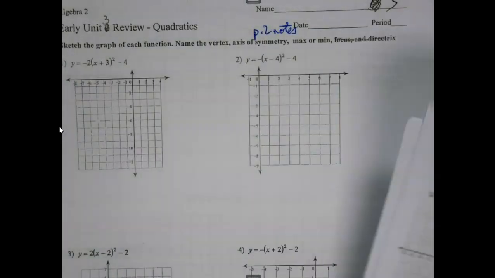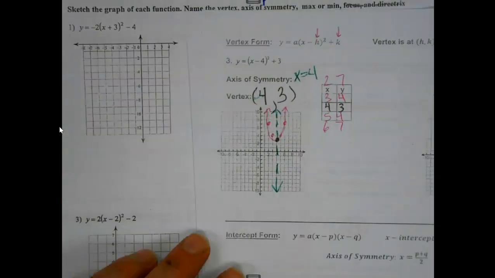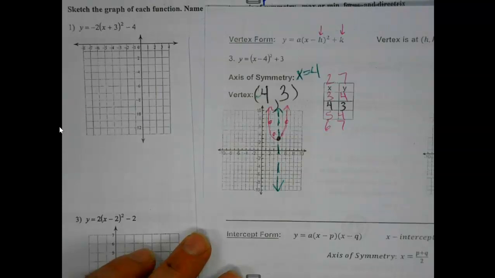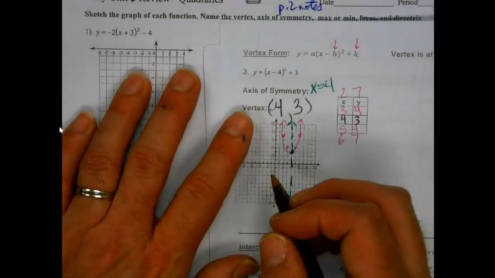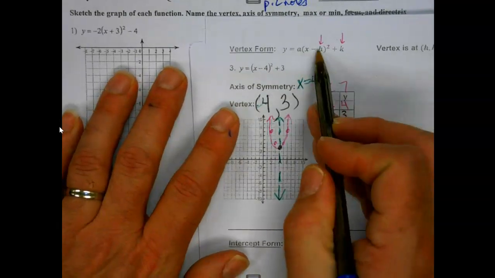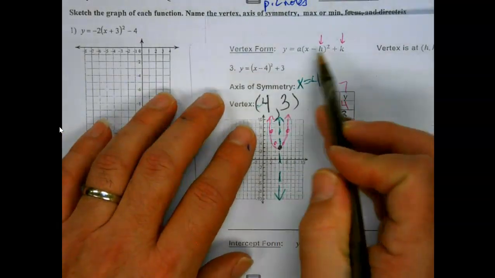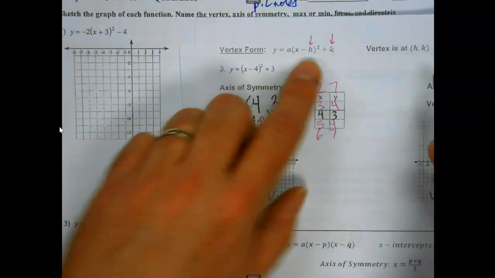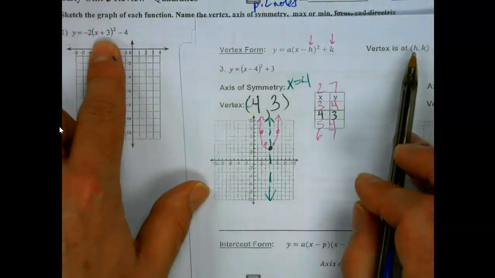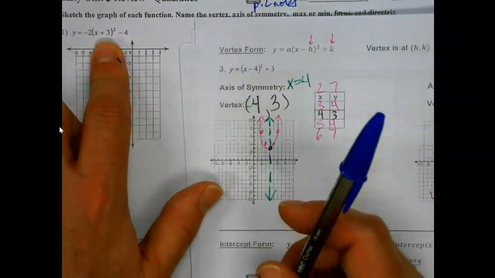Okay. So when we're doing vertex form, might as well start with the first one here, because that way I can kind of have this to help me. I can find my vertex right away just by knowing these two values. But the one kicker is this number is the opposite of what h actually is.